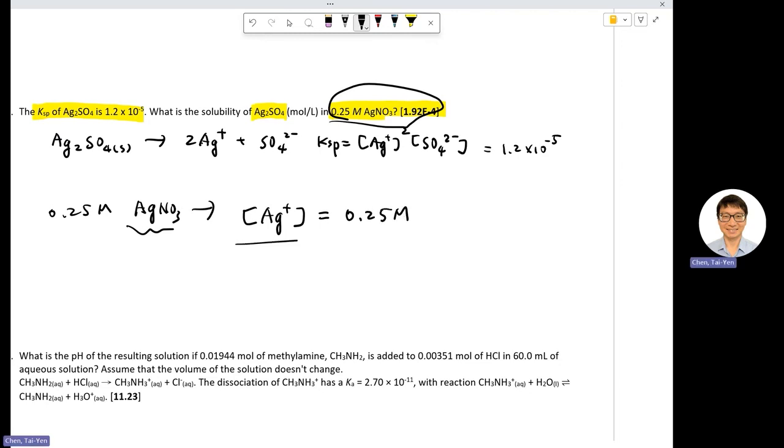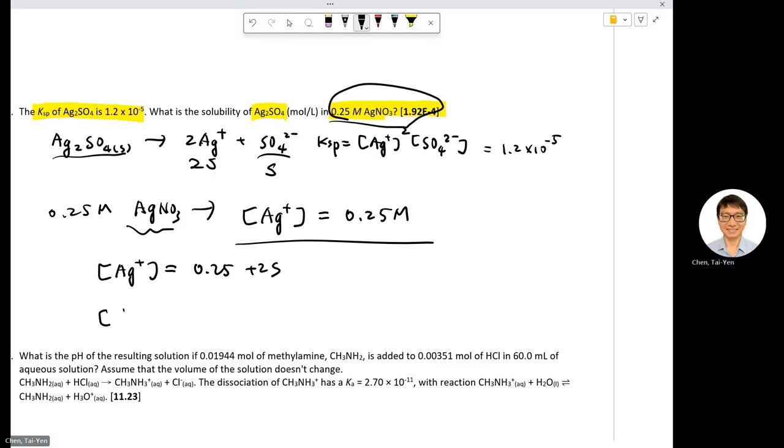Okay, so with this being said, you should know the solubility of your Ag plus will be 2S, SO4 2 minus will be S. So the total Ag plus concentration will be 0.25 plus 2S. The SO4 2 minus concentration will equal just S. And we can use small x approximation.